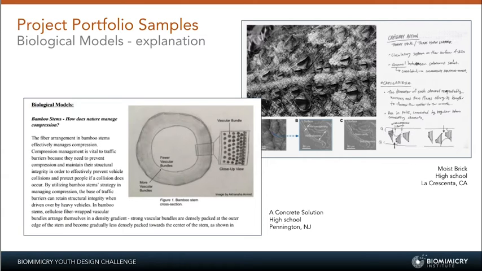Drawings can be really helpful in communicating this, and a description in their own words of how that biological model works to help that organism survive, and how that biological model is related to the problem they are trying to solve with their design innovation.